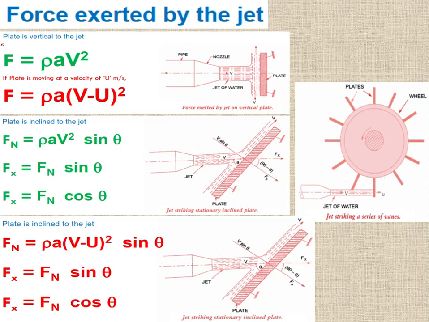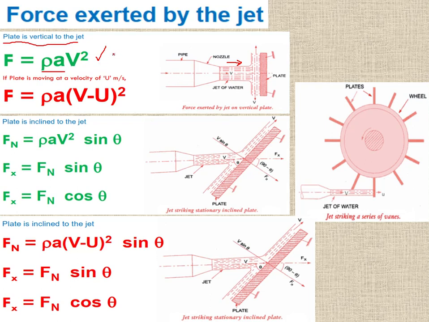In case the plate is stationary and the fluid jet is striking it, this is the equation you can use to solve the problem. This is the force exerted by the jet, F, and this is our rho A V square.